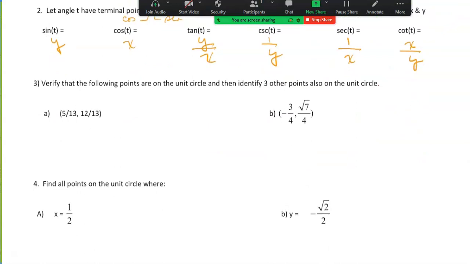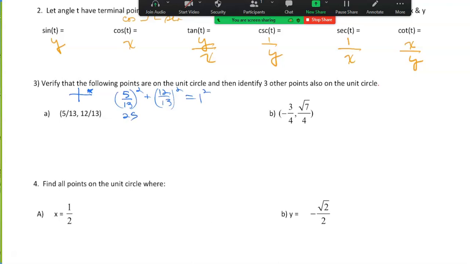Okay, next one. Verify that the following points are on the unit circle, and then identify 3 other points also on the unit circle. What you're going to do here is you're going to recognize that they're both positive. If they're both positive, then this must be in quadrant 1. And let's make sure it's on the unit circle by saying x squared plus y squared has to equal 1 squared.